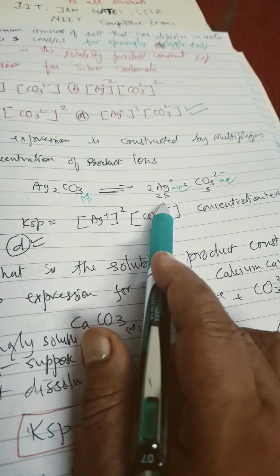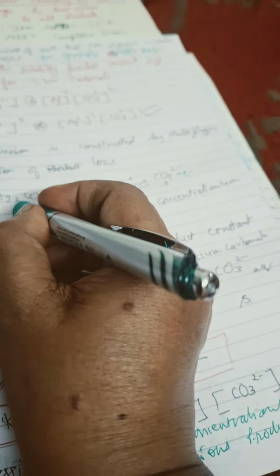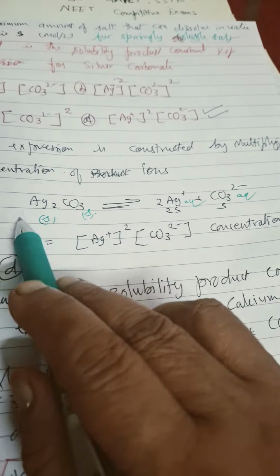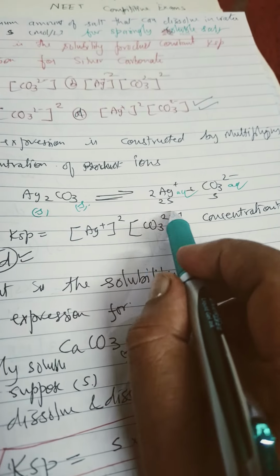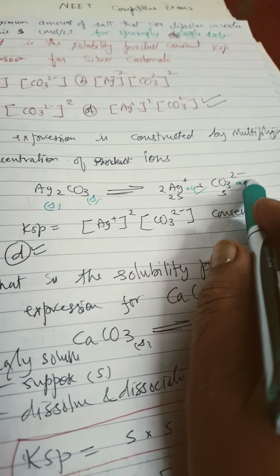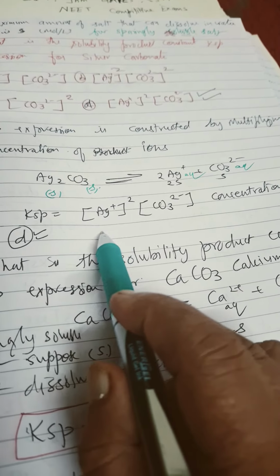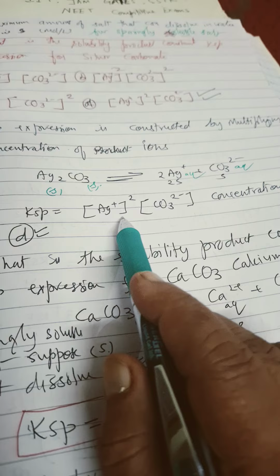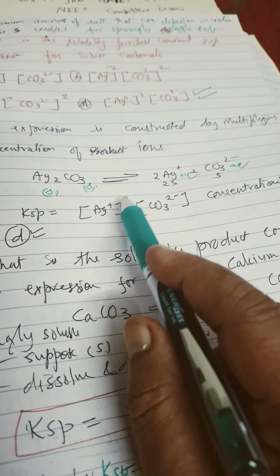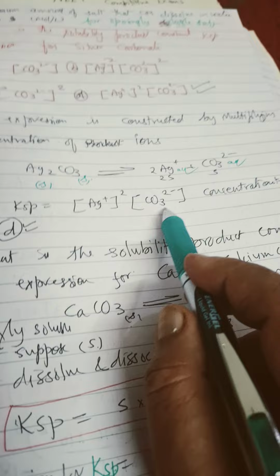So Ksp will be equal to, suppose I told you that it is sparingly soluble and only S amount is soluble, so we get 2S of Ag positive and S of carbonate ions. So Ksp will be the product of these two ions, Ag positive squared, because 2 moles of it are obtained, so silver ion squared and carbonate ion. This is concentration term. Okay, so option D is correct over here.